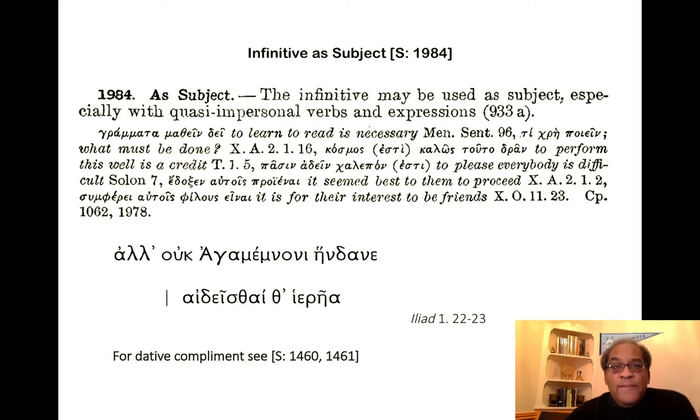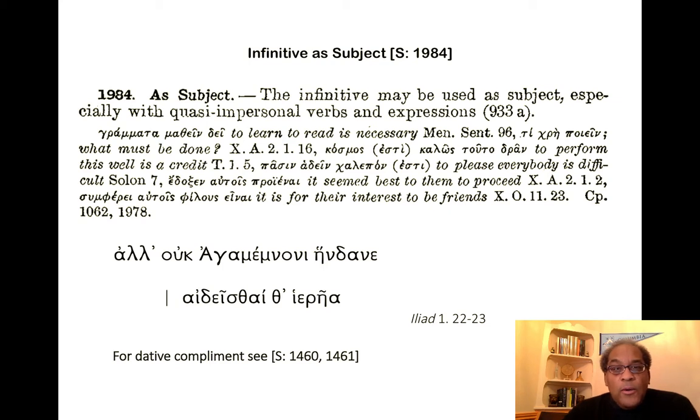Okay, so the infinitive as subject. The infinitive may be used as subject, especially with quasi-impersonal verbs and expressions. So this first example from Smyth, "grammata manthanein dei." Dei is a quasi-impersonal verb, meaning it is necessary.